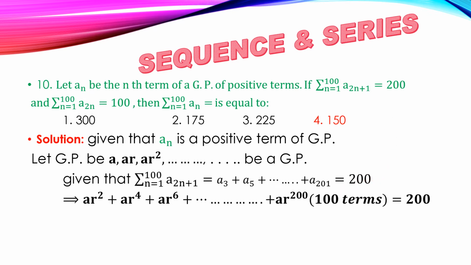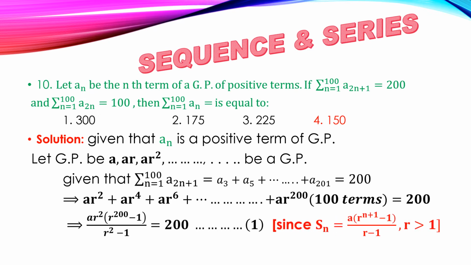And here we write a3 as ar square, and a5 as ar to the power of 4, and a7 as ar to the power of 6, and the last term a201 as a into r to the power of 200. Now we observe that in this the total terms are 100 terms. That value is already given as 200.